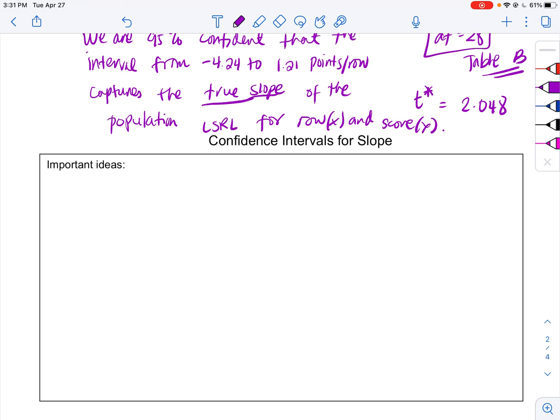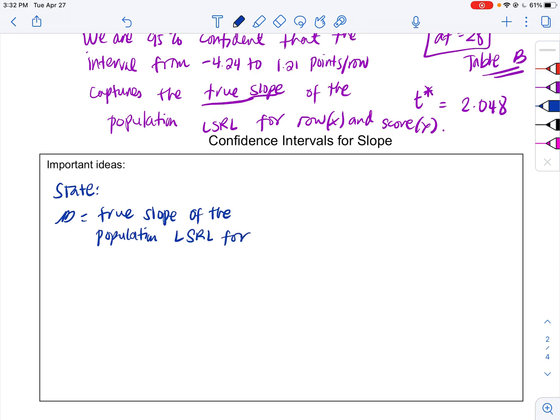Important idea section. I think the only difference here is that, instead of saying true mean or true proportion, we are going to say true slope of the population LSRL for X, and then insert the context, and Y, insert the context.